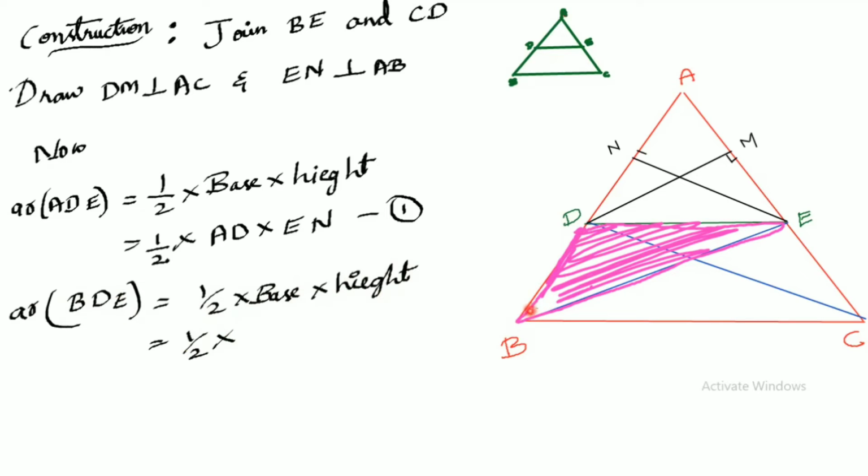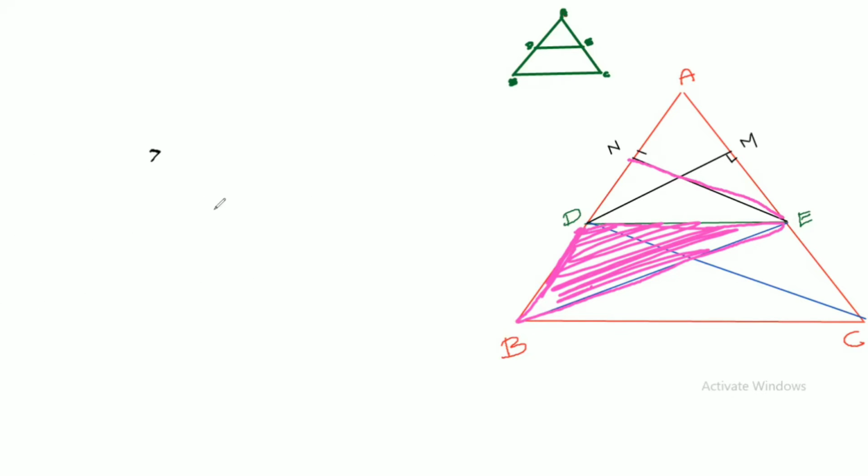Can you tell which is the height? You might not know, but this line is the height. Even for this triangle, this is the height, though the triangle ends only till here. Let me explain. If the triangle is a right angle triangle, this line is base and this is height.